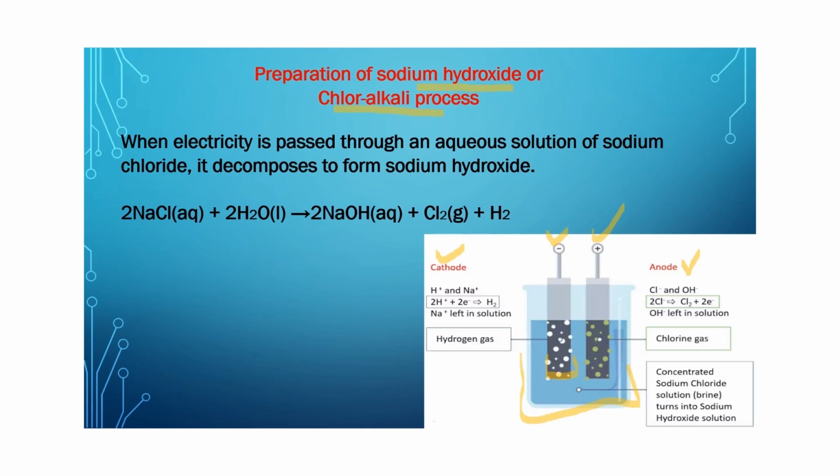So this is how sodium hydroxide is prepared, and this process is known as the chlor-alkali process. Why? The chlor is taken from the chlorine gas produced, and alkali, of course, is sodium hydroxide. And this is the reaction. It can be written like this: sodium chloride plus water gives sodium hydroxide, and chlorine and hydrogen gas are evolved.